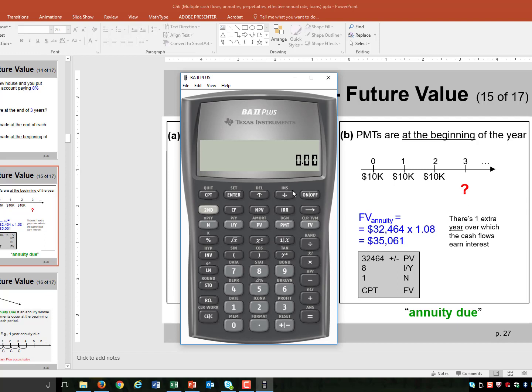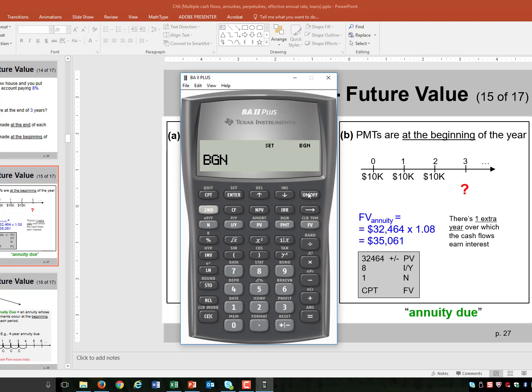And you press 4 keys. Second, payment, it brings up the text right above the payment key that says BGN, begin, and then second, enter. So basically you're setting it to the begin mode.